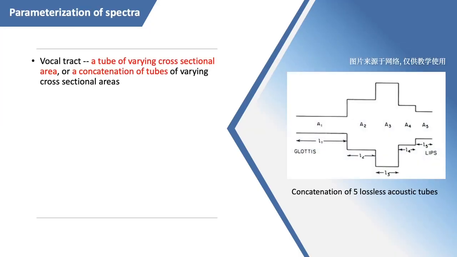The human vocal tract is essentially a tube of varying cross-sectional area, or can be approximated as a concatenation of tubes of varying cross-sectional areas.